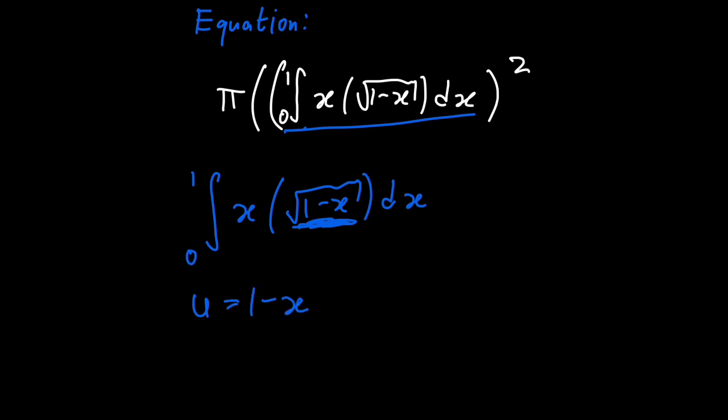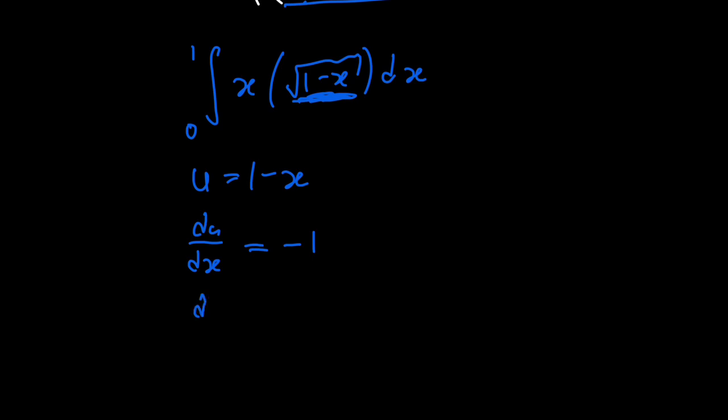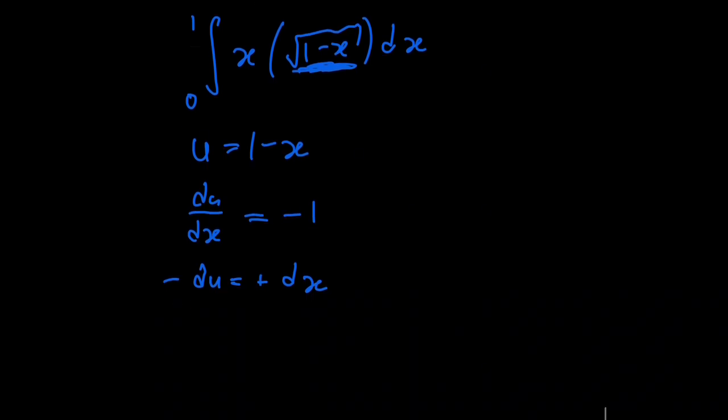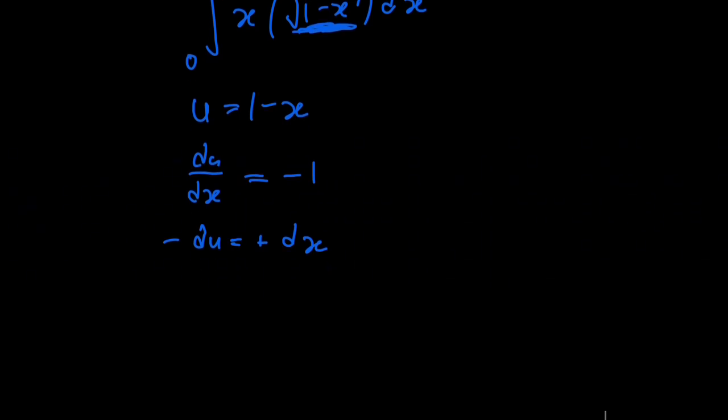U is equal to 1 minus x, which means du over dx is equal to negative 1, which means du is equal to negative dx, or we can actually flip that around. Negative du is equal to positive dx, right? So that was pretty easy to substitute.